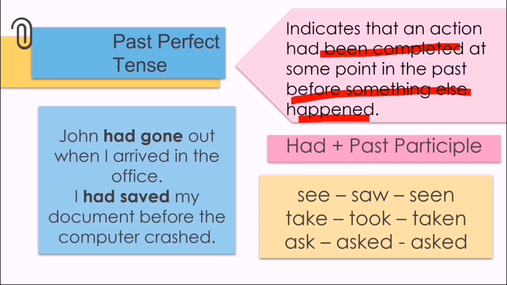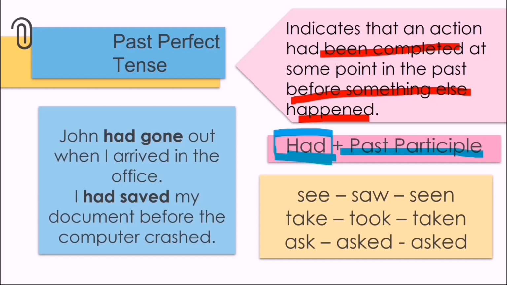The event makes it clear which one happened first. Then ma-identify nimo kung asa ang nauna. So our pattern here in the past perfect tense is had plus past participle. Okay? There is always had in the sentence.